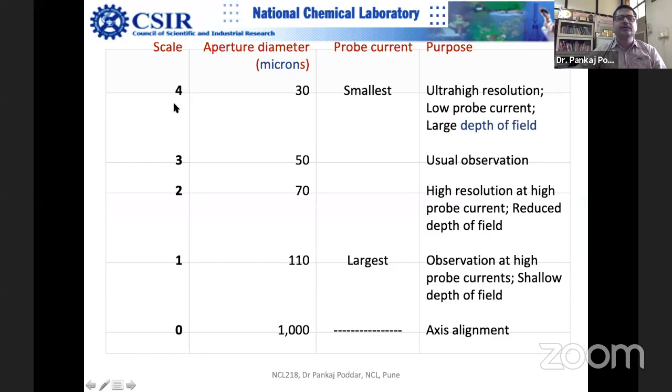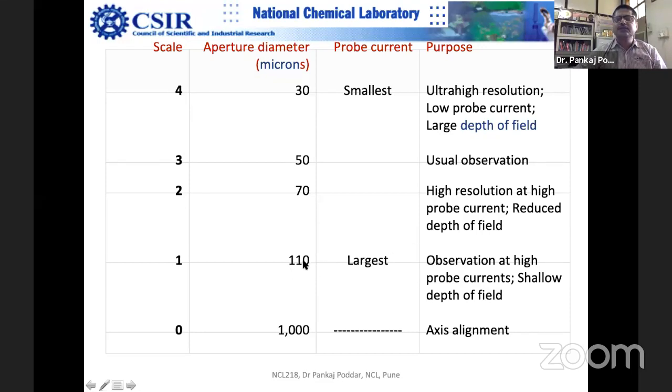So you can see there are different numbers given to the apertures. These are the numbers, and these are the corresponding aperture dimensions. Number 4, number 3, number 2. Usually they identify them with numbers. Different kinds of apertures have different uses. Number 0, which is the largest, is used for alignment of the electron beam in the chamber, and the next smaller one is used for observation at high probe current, actually shallow, because it will give you shallow depth of field, as I mentioned, right?